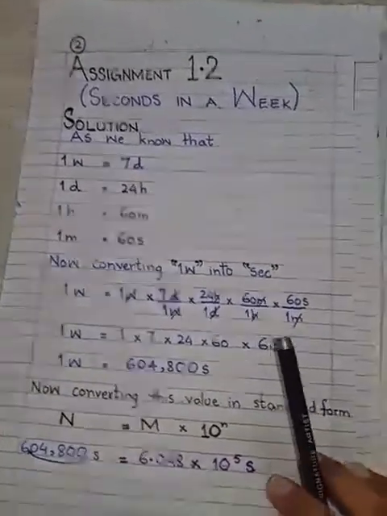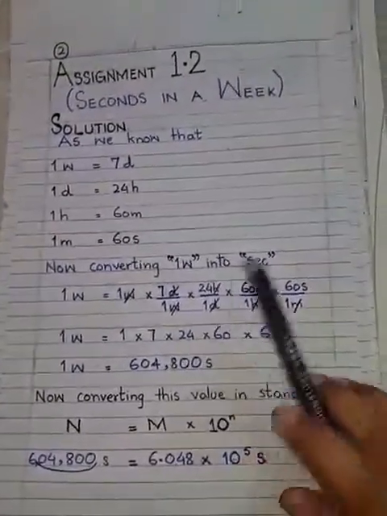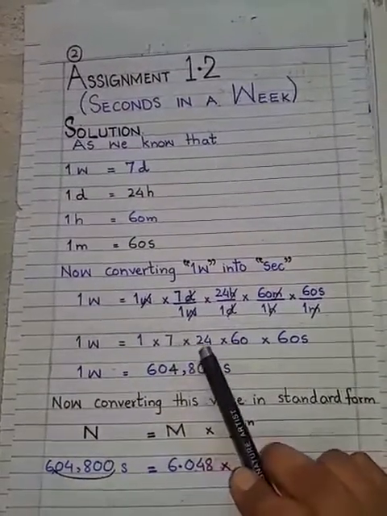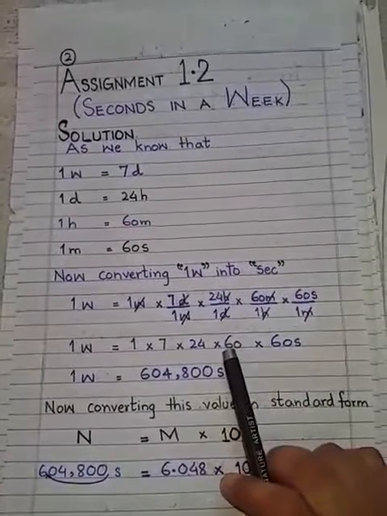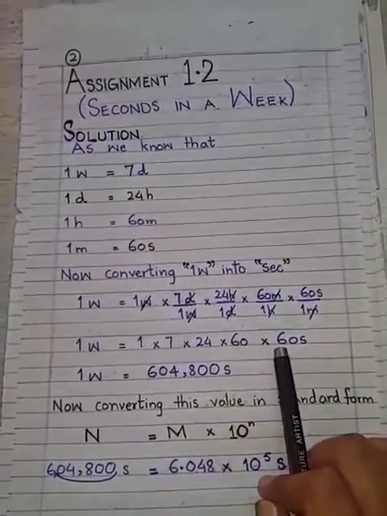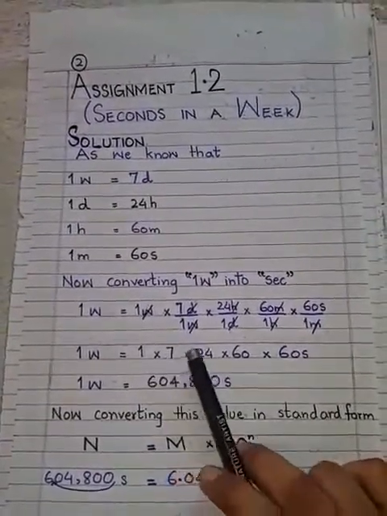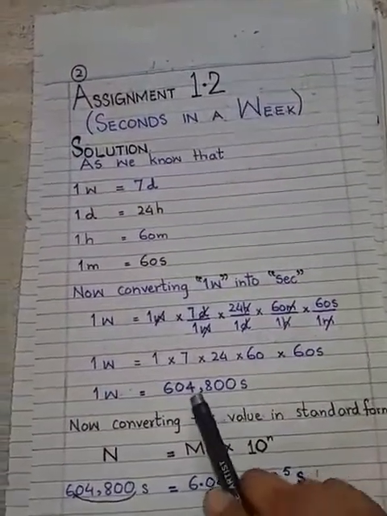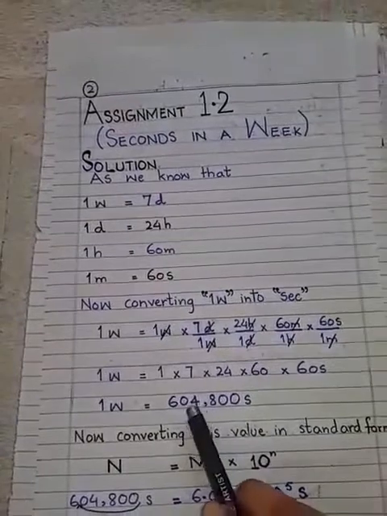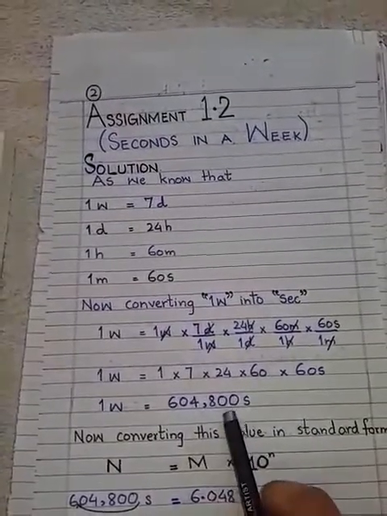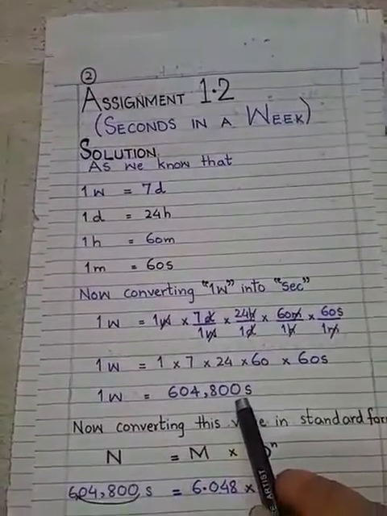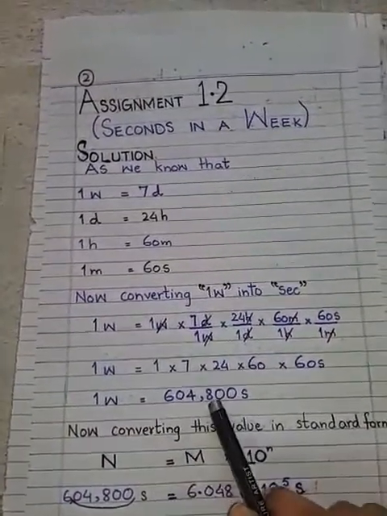So 1 multiplied by 7 multiplied by 24 multiplied by 60 multiplied by 60 is equal to 604800 seconds. 1 week is equal to this.